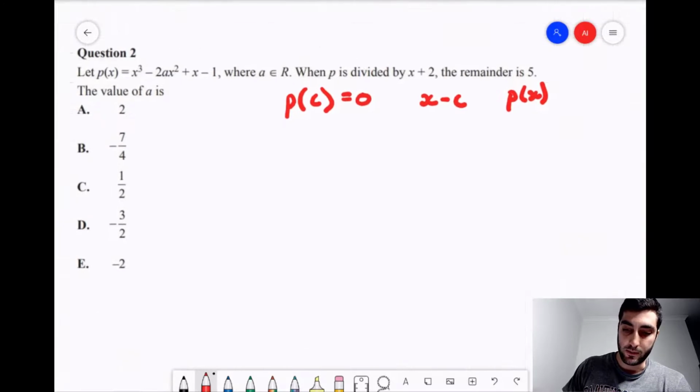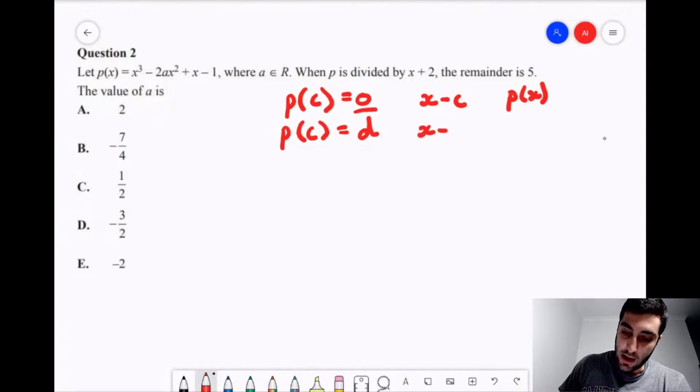So remainder theorem goes hand in hand. If this didn't equal 0, if this was a non-zero value, so say we had p of c is equal to another constant d, therefore we know when we're dividing by x minus c, we have this remainder d.